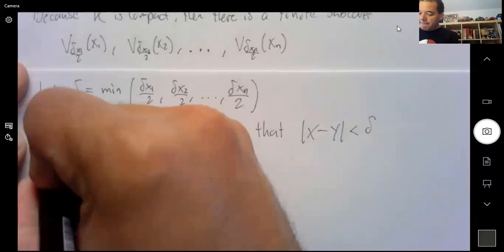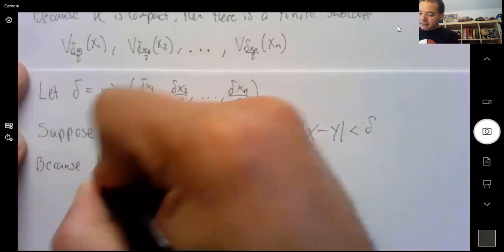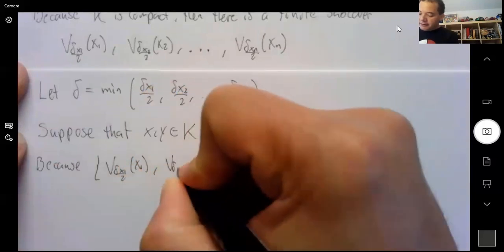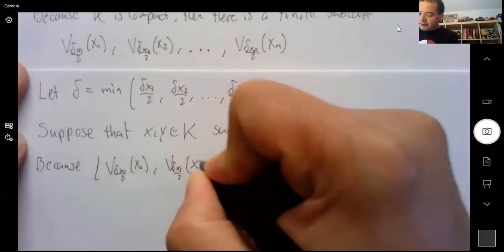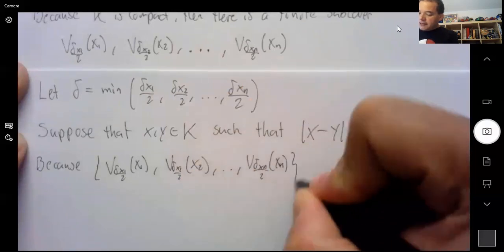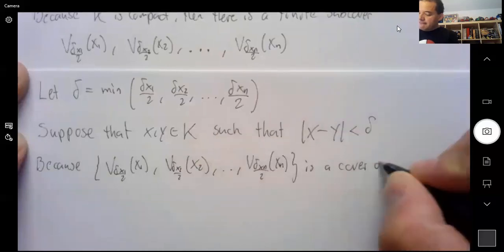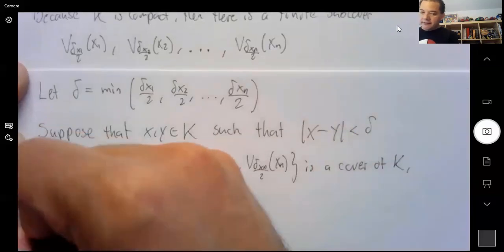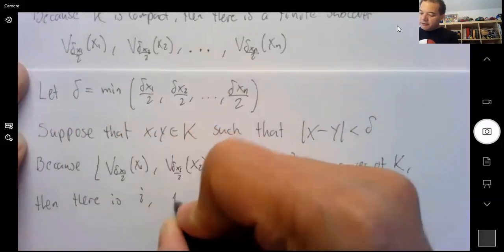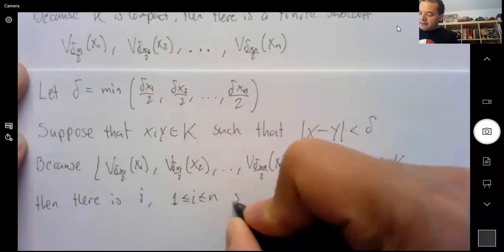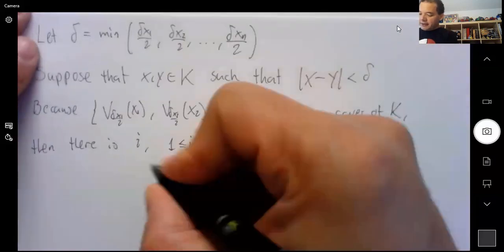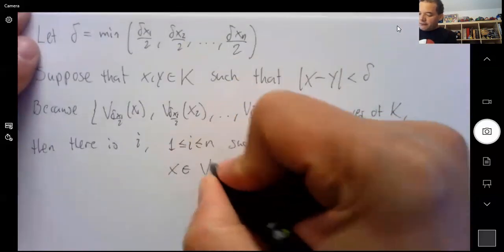Because B(x1, delta x1 over 2), B(x2, delta x2 over 2), etc. is a cover of K, then there is some i between 1 and n such that x belongs to one of these guys, right?